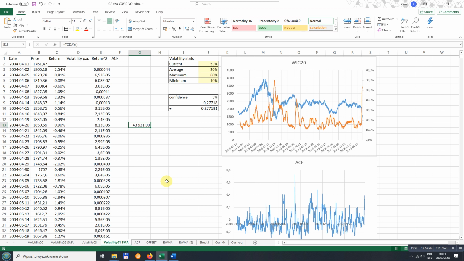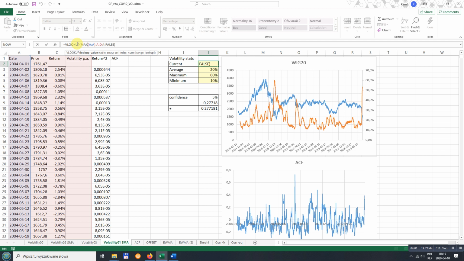So if you look up the maximum value, you will find the most recent date in this array, right? So we are looking for the maximum value for the most recent date, and this volatility is 53%, while on average it is 20%.